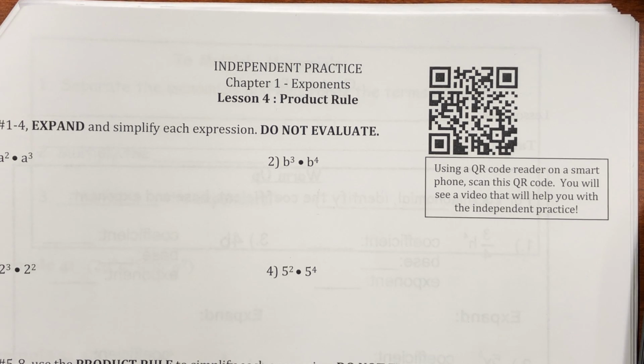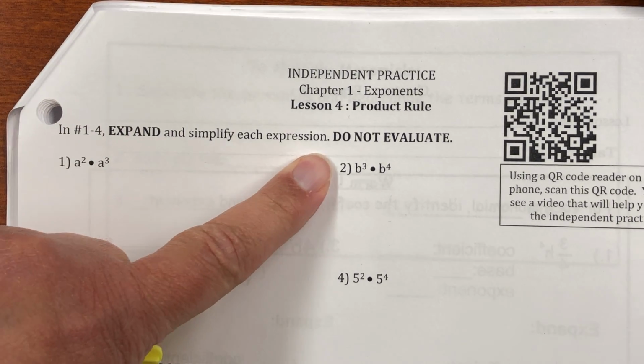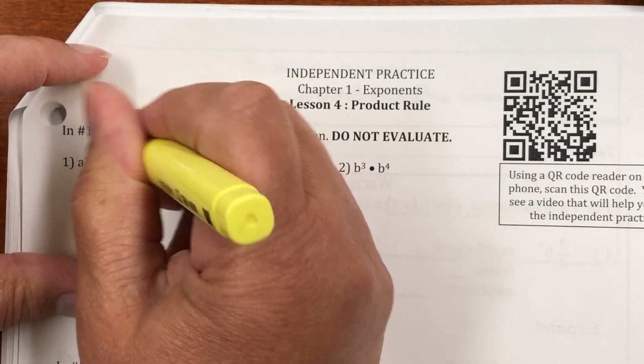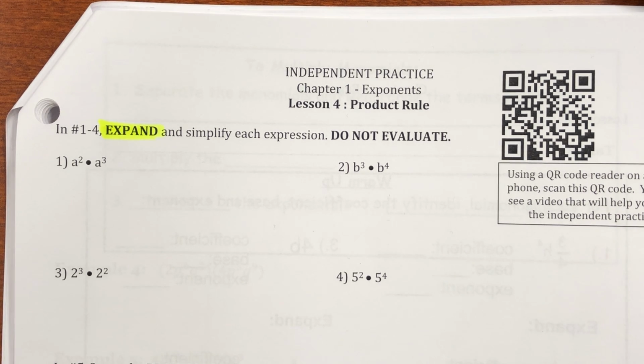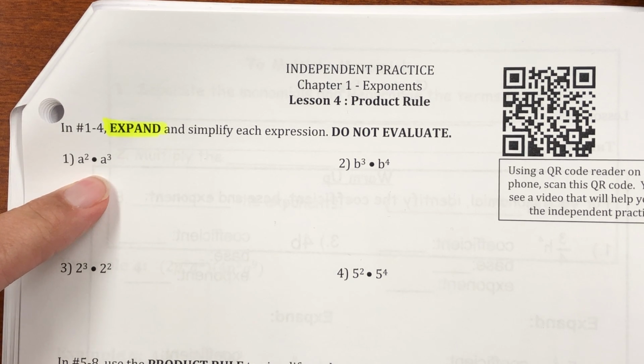All right, welcome back. So let's read the directions. I know it's not anyone's favorite part, but right here it says expand and simplify each expression. Do not evaluate. So I'm just going to highlight this word expand. And when I expand, I am going to expand the first in blue and the second one in pink.